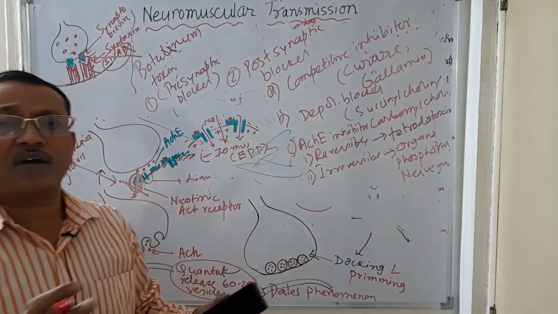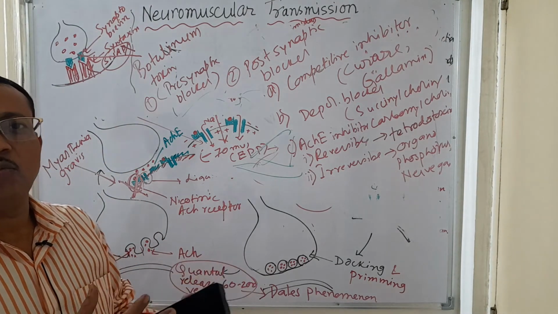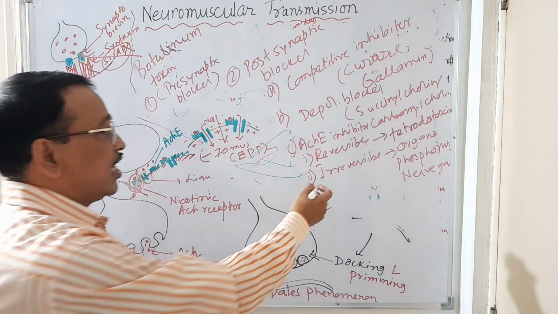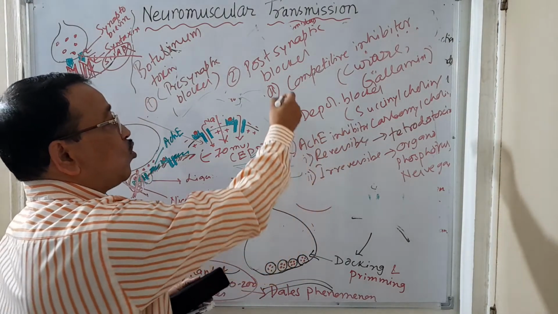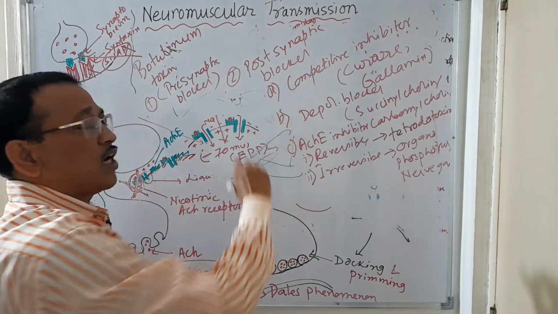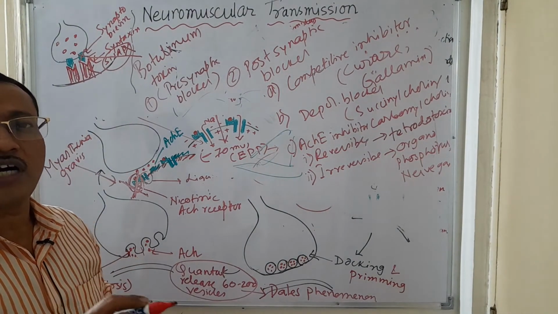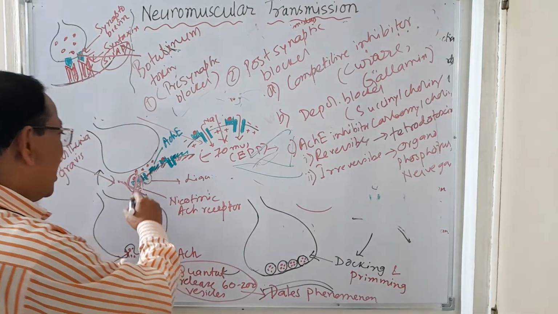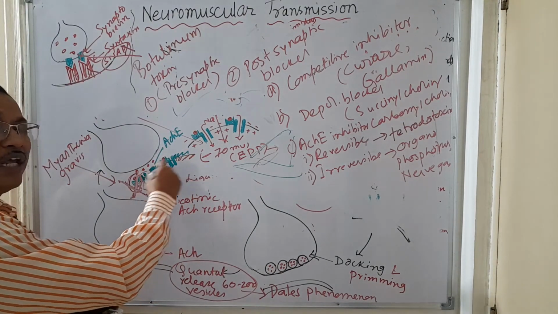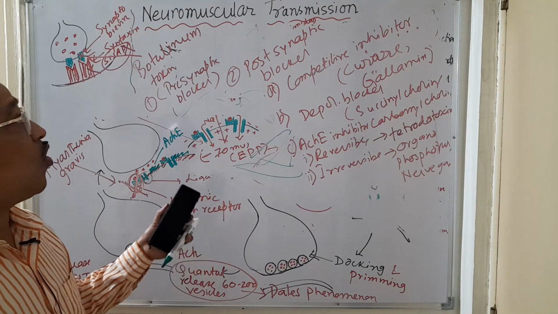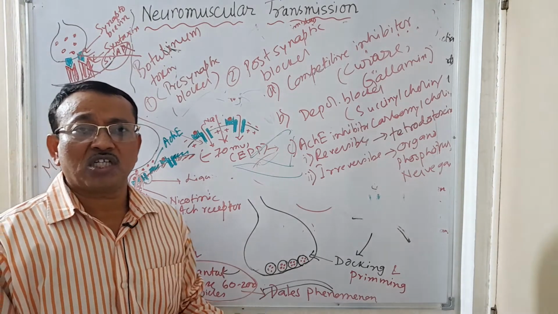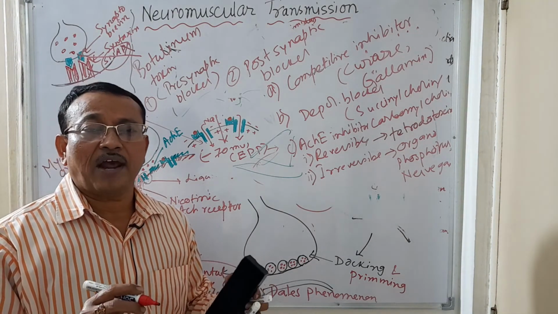So muscles will become flaccid, muscles will become paralyzed. And so these are the two types of acetylcholinesterase inhibitor. All these are examples of the post-synaptic blocker because they act at the post-synaptic membrane, that is the muscle membrane. So this is all about the neuromuscular transmission along with its applied aspect.